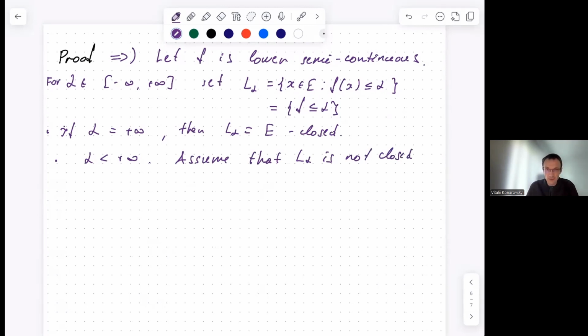And we want to get a contradiction with that assumption.